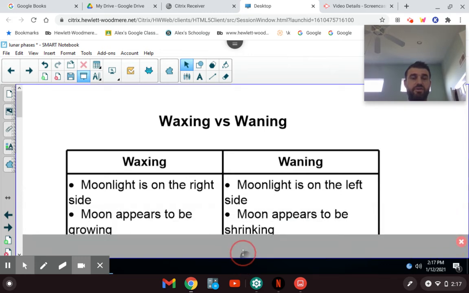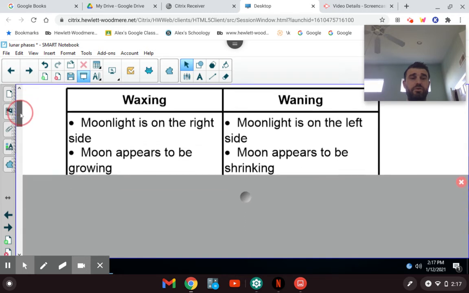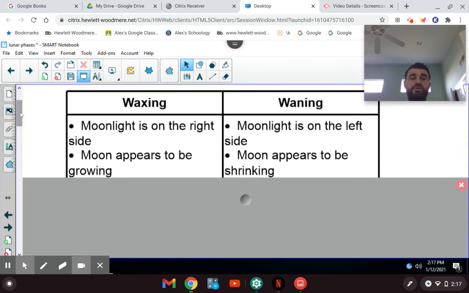Moon appears to be growing for a waxing moon. And for a waning moon, the moon appears to be shrinking. They come from really ancient words.